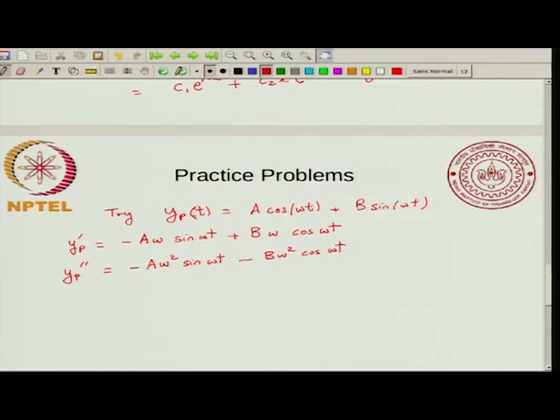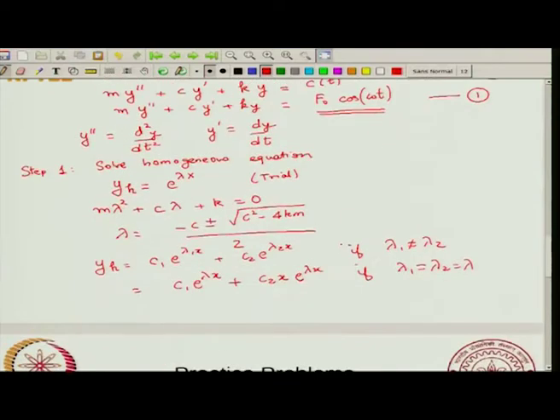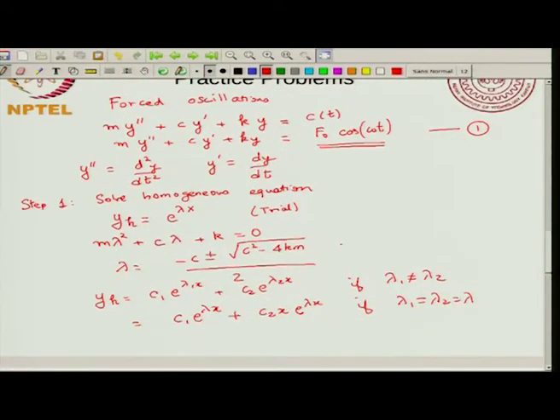Now if you substitute yp prime and yp double prime, these are supposed to satisfy the differential equation 1.